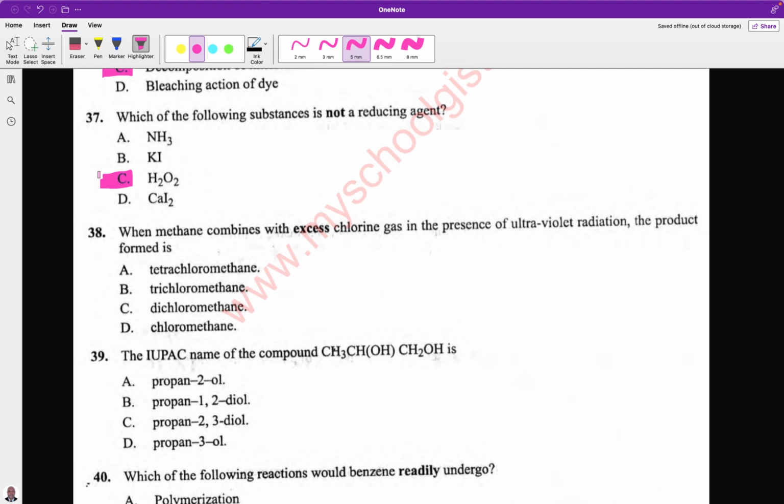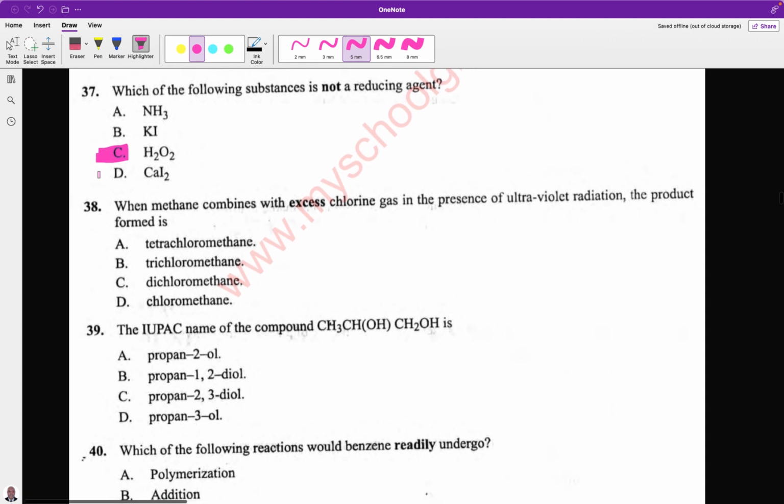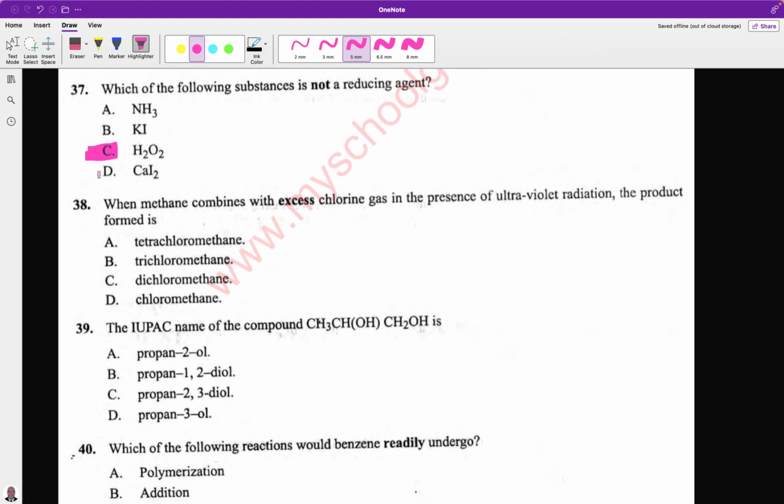38. When methane combines with excess chlorine gas in the presence of ultraviolet radiation, the product formed is tetrachloromethane. When it is excess, it means that the substitution reaction is going to occur.